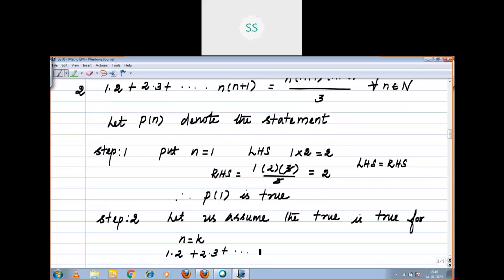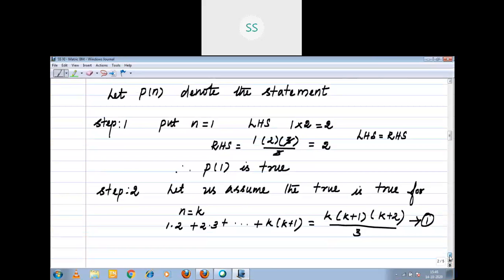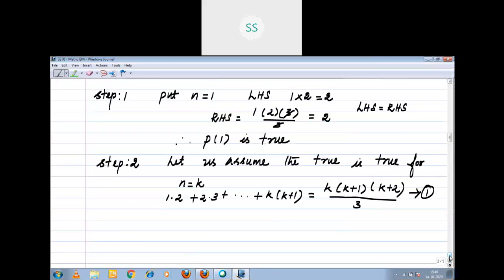Then how it will act? 1 into 2 plus 2 into 3 plus etc. plus k into k plus 1 equal to k into k plus 1 into k plus 2 divided by 3. This is my equation number 1 that I am going to substitute in step 3.